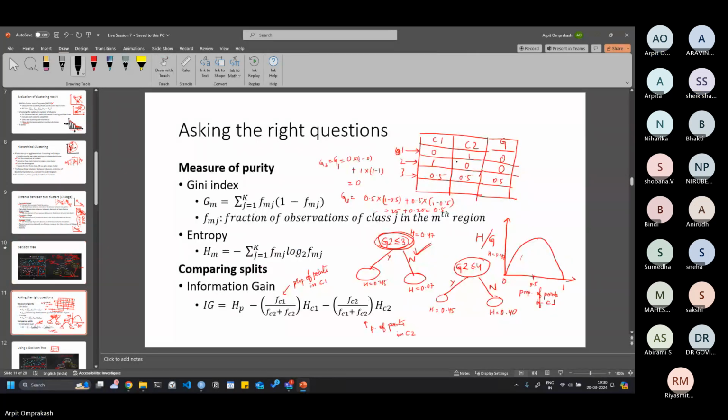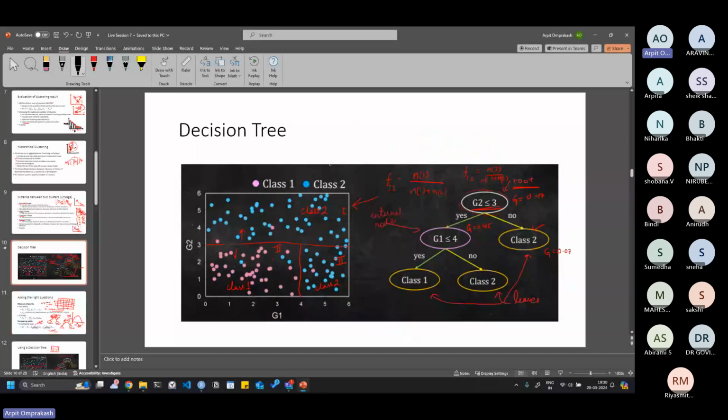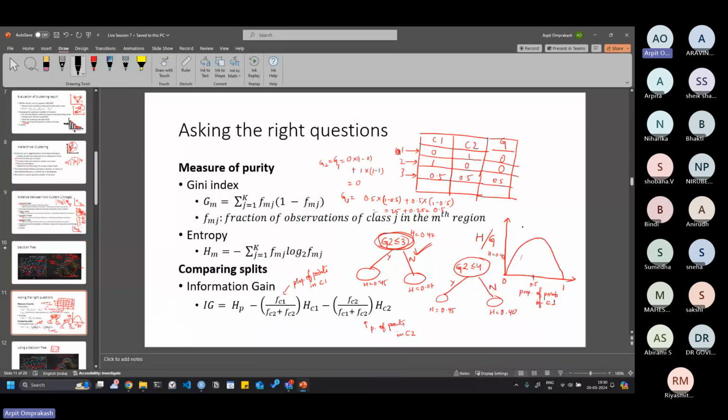So purity, as I mentioned before, determines where we should stop. There are two different measures of purity. One is called Gini index, and the other is entropy. Gini index is given as summation of fmj into 1 minus fmj. Fmj is the fraction of observations of class J in the mth region. Right.